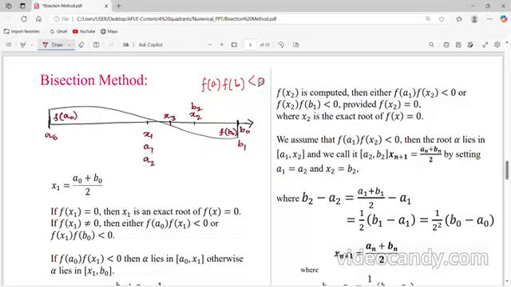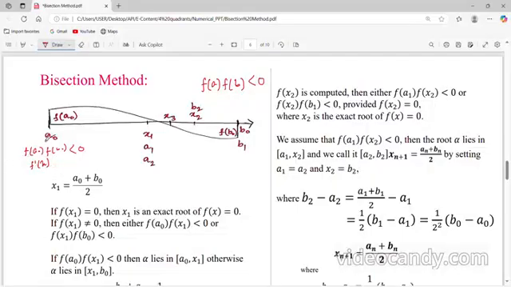Now we shall determine a sufficiently small interval [a0, b0] in which f(a0) times f(b0) is less than 0 and f'(x) maintains the same sign in [a0, b0], so that there is only one root of f(x) = 0.